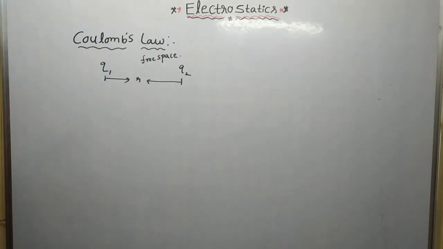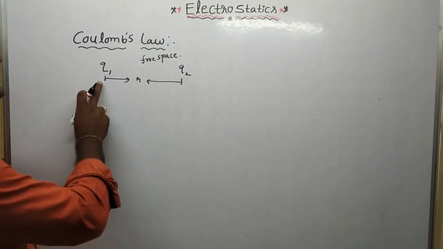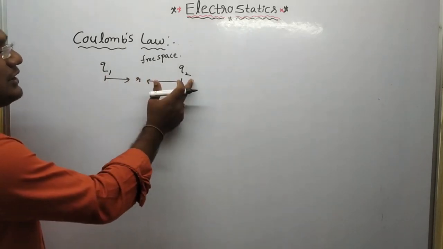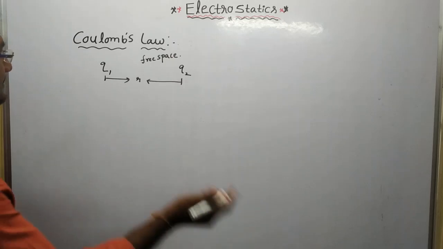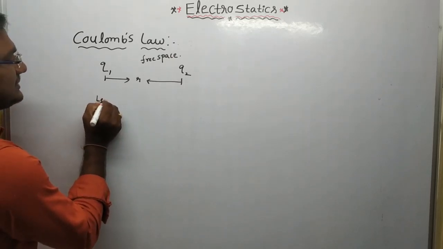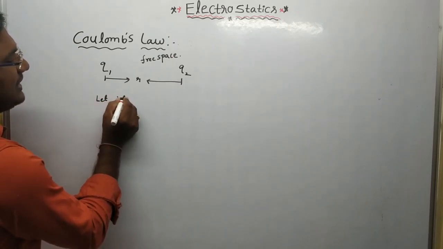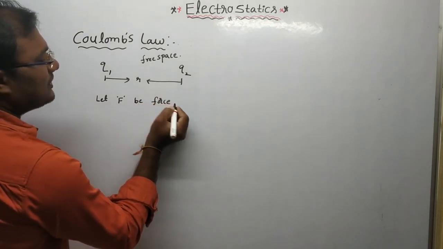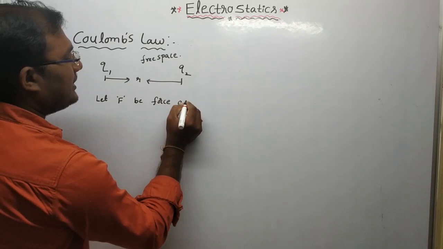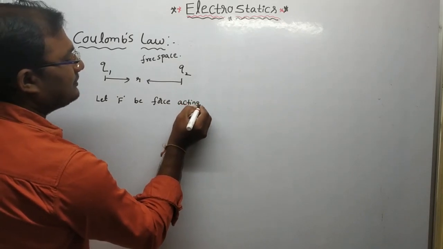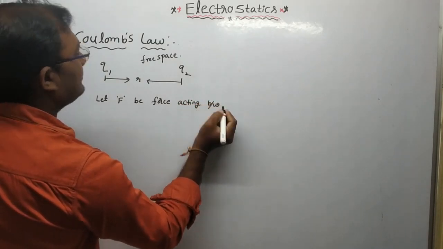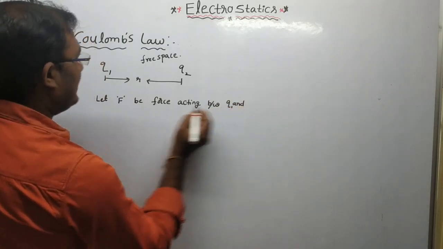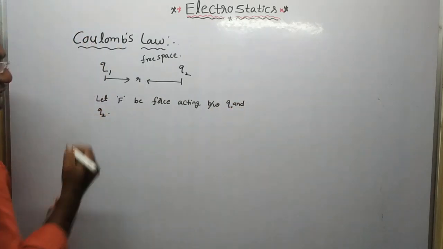Then, according to Coulomb's law, the force of attraction or repulsion between Q1 and Q2 is given by, let capital F be the force acting between Q1 and Q2.